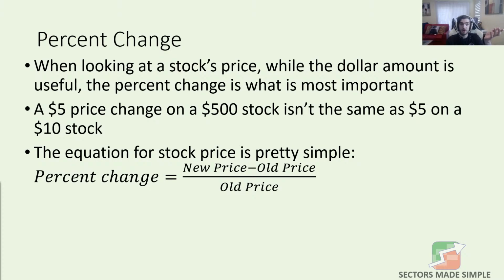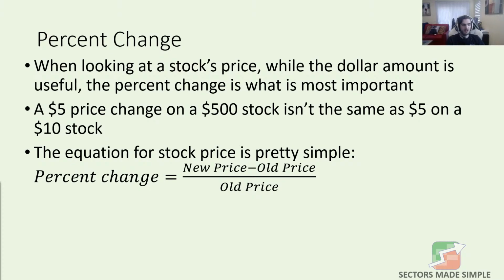But percent change is this. It is the new price minus the old price, which gives us the dollar difference. If it started at 100 and ended at 90, the new price is 90 minus 100, which is negative 10. Then divide it all by the old price.